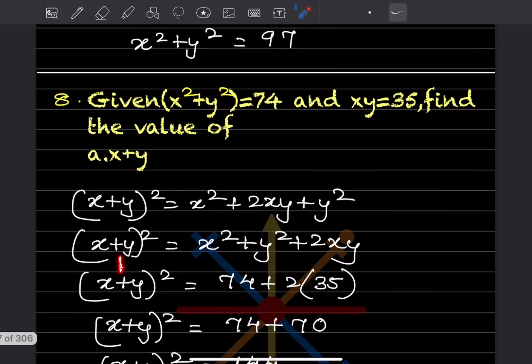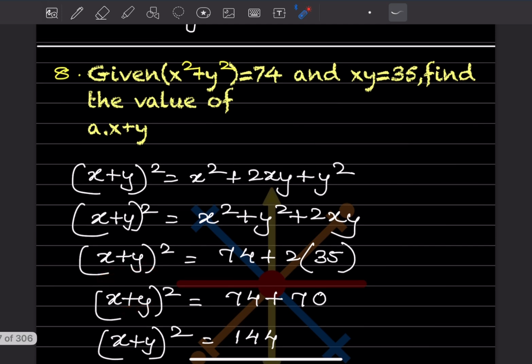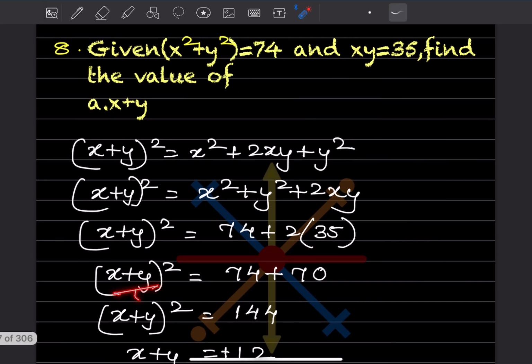So now (x plus y) whole square: we know x square plus y square is 74, so here we write 74 plus 2, and xy is 35. This stays the same. This will be 74, and this is multiplication, that is going to be 70. So (x plus y) whole square will be 144.